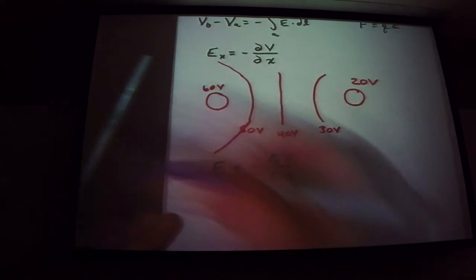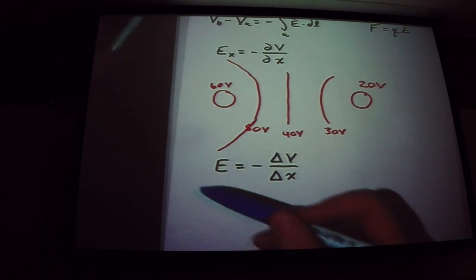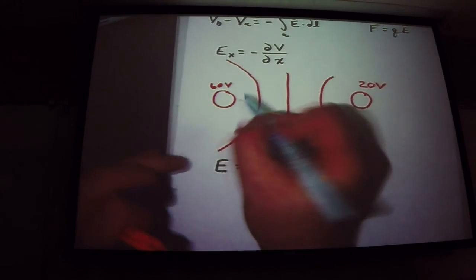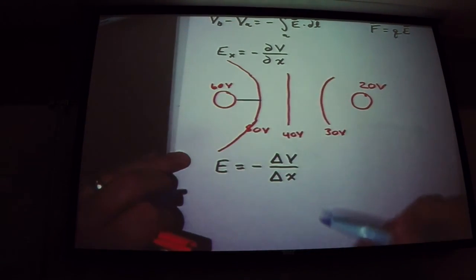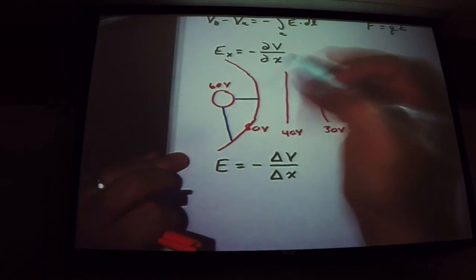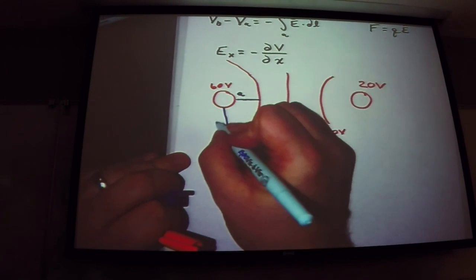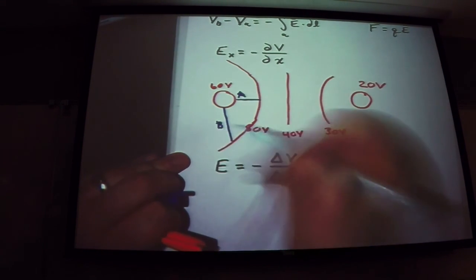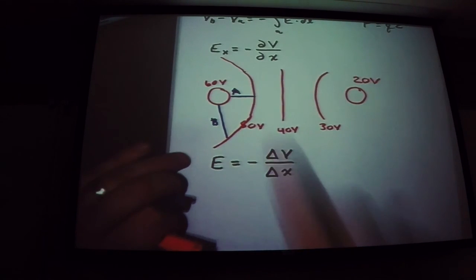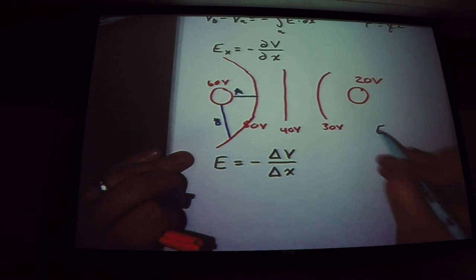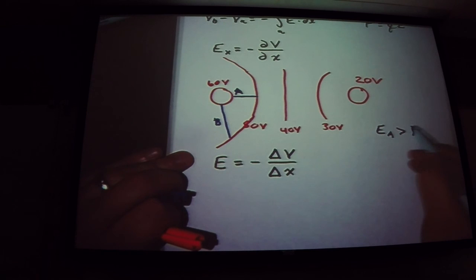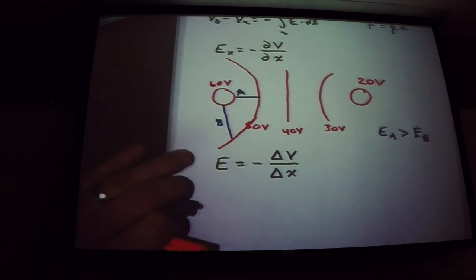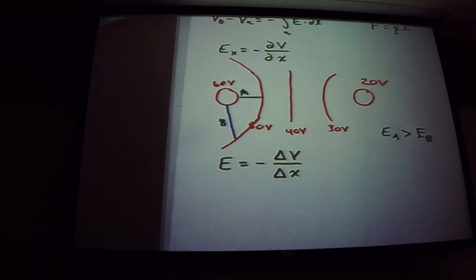So my delta V between here and here is the same, so the electric field here is going to be larger than the electric field here. Let me call these point A and point B. So the electric field at point A will be greater than the electric field at point B. Does everybody see how that works with the magnitude of the electric field?